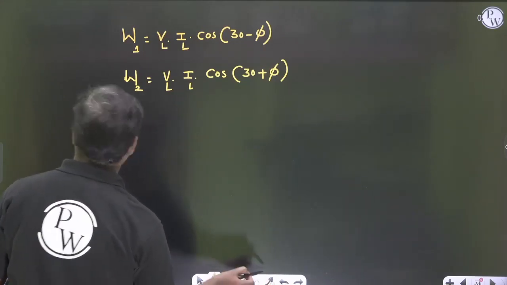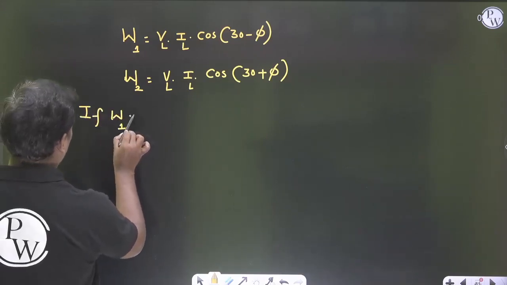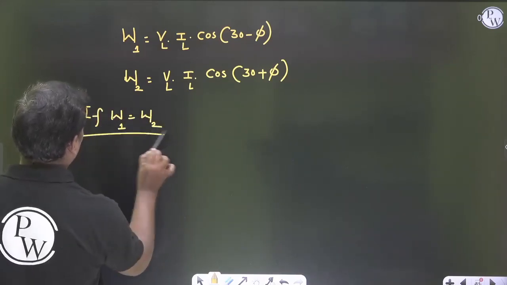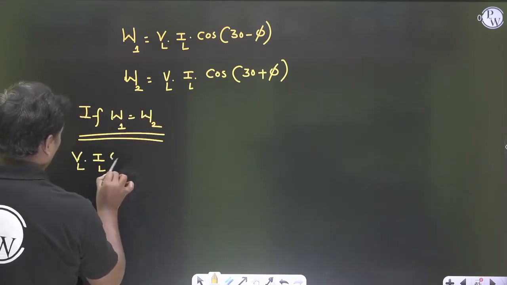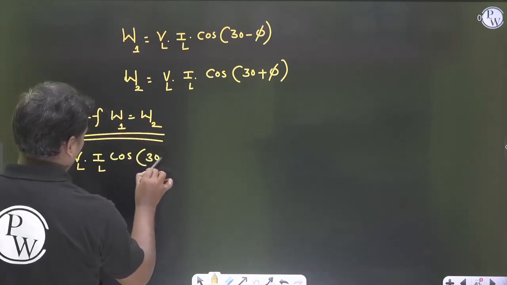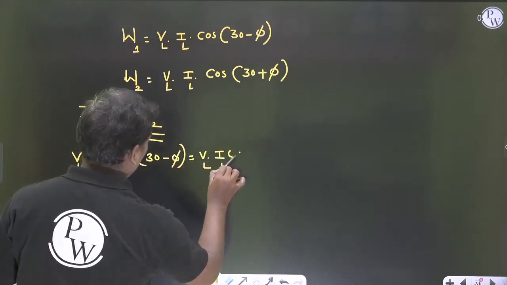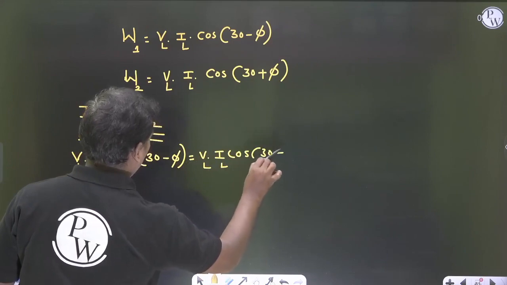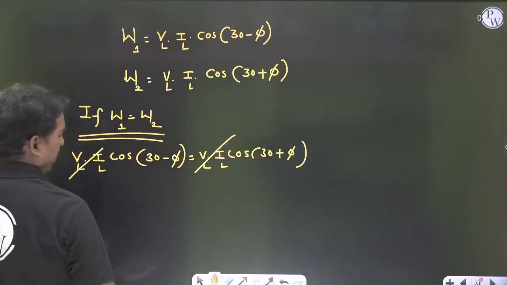If W1 is equal to W2, we'll go in a reverse way. So we can take VL IL cos of (30 minus phi) is equal to VL IL cos of (30 plus phi). VL IL is cancelled.